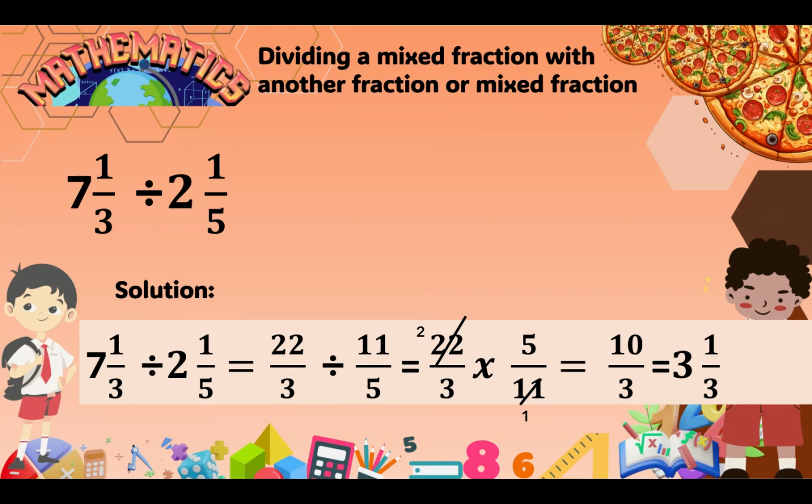Now, a mixed fraction is divided by another mixed fraction. 7 1/3 divided by 2 1/5. Alright, before we proceed, change both mixed fractions to improper fractions. Remember, to change a mixed fraction to an improper fraction, you have two operations to use, multiplication and addition.